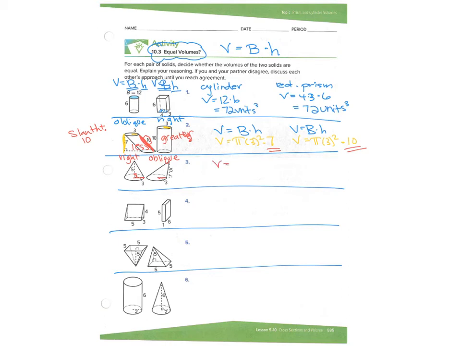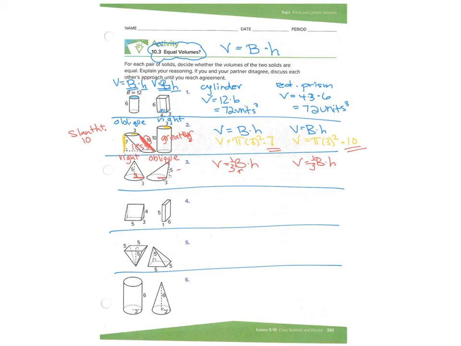So when I look at my volume formula, base area times height, for a cone it's going to be 1/3 times my base area times my height. We haven't actually learned that yet, so I'm just kind of sticking that in there. Anyways, my base area is a circle with a radius of 3. So my base areas are the same.